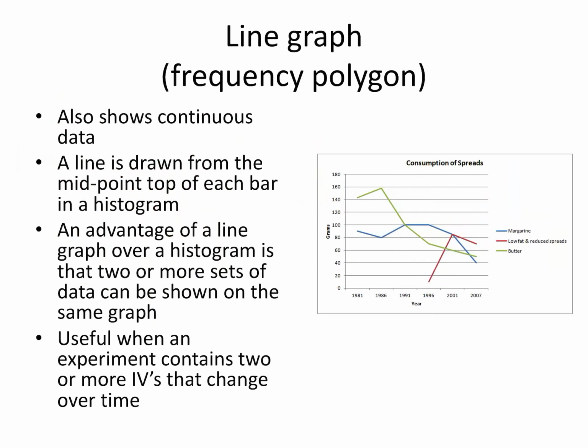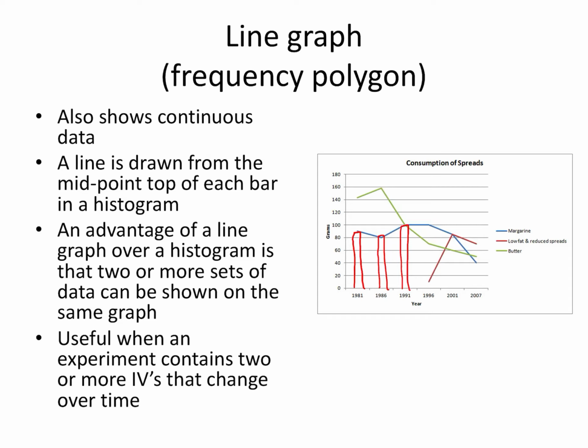All right. Now, although not listed in the spec, it's useful to know as well that line graphs are often used by psychologists, or sometimes referred to as frequency polygons. They're really no different from a histogram. This is also showing continuous data, but in this case, we just draw a line from where those points would be on a histogram.